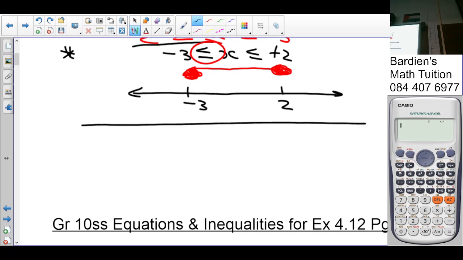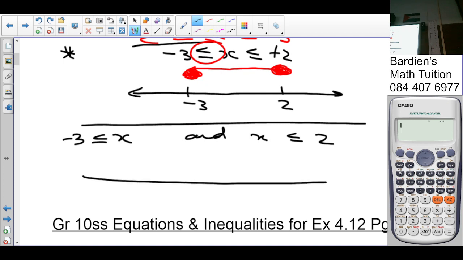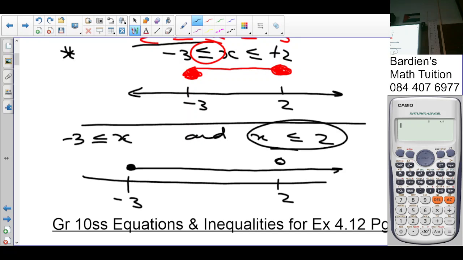If you have x is greater than or equal to negative 3 and x is less than or equal to 2, and I draw that, this would be negative 3 and that would be 2. I say x must be more than or equal to negative 3, so I have a closed circle and the arrow in that direction. But this part says x is less than or equal to 2, in that direction.